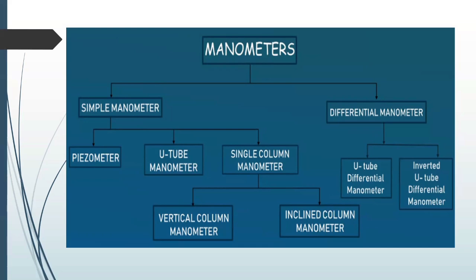The second type, the differential manometer, is divided into two types: the U-tube differential manometer and the inverted U-tube differential manometer. So this is the chart of the different types of manometers which we are going to study in detail.